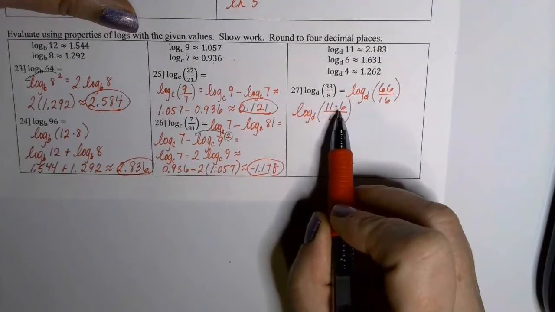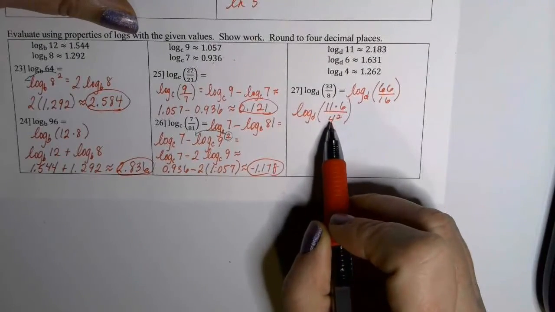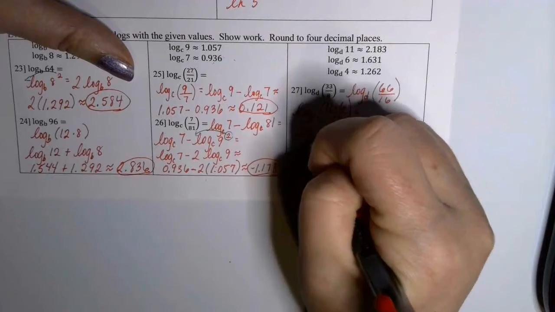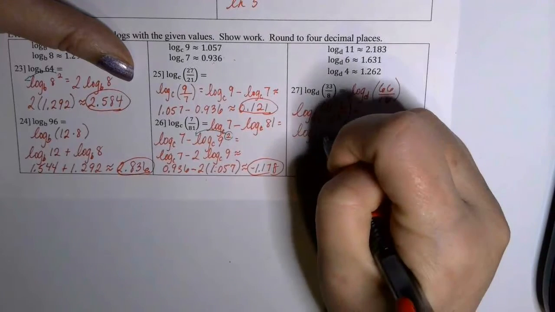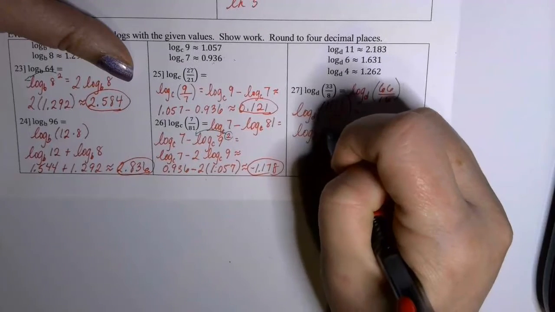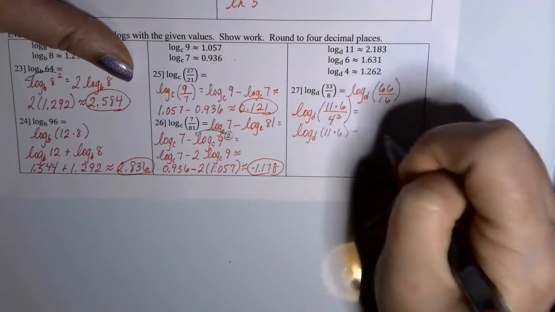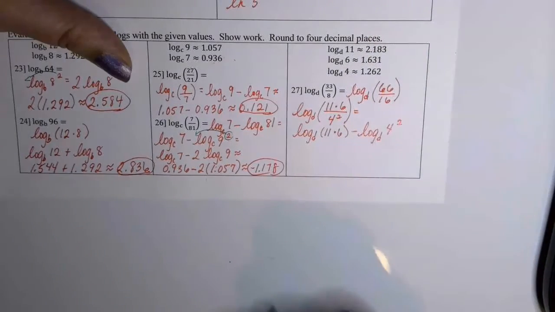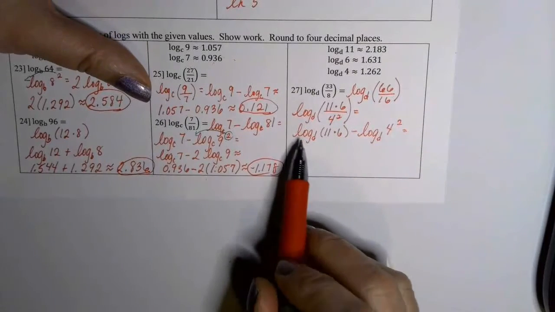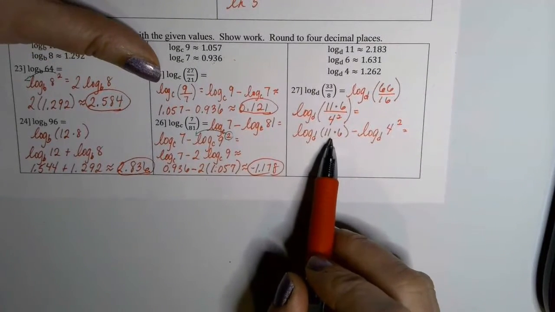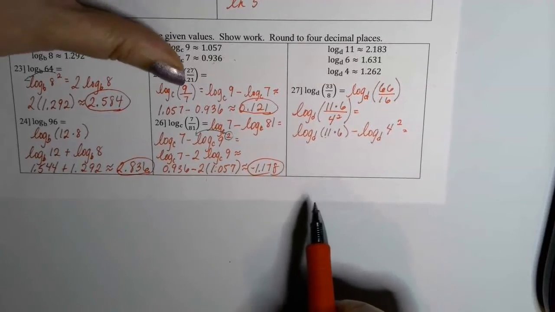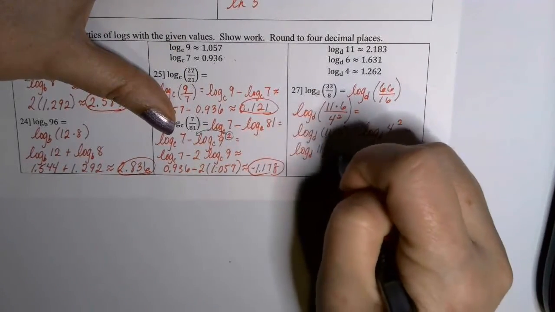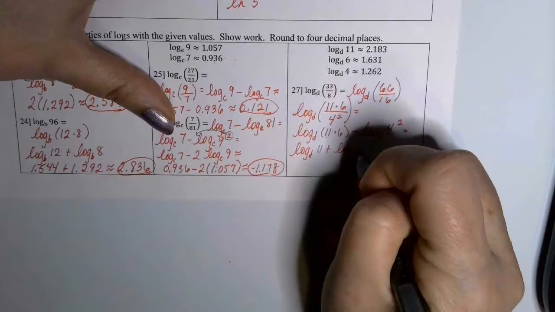So in the quotient here, I have a subtraction using the quotient property, so that would become the log base D of the numerator, which is 11 times 6, minus the log base D of the denominator, which is 4 squared. Then I can use my product property on the product 11 times 6, so that would be a log base D of 11 plus log base D of 6.